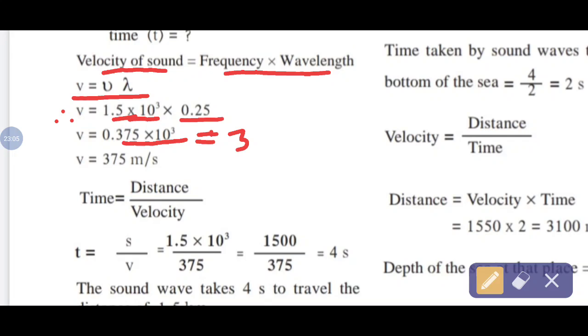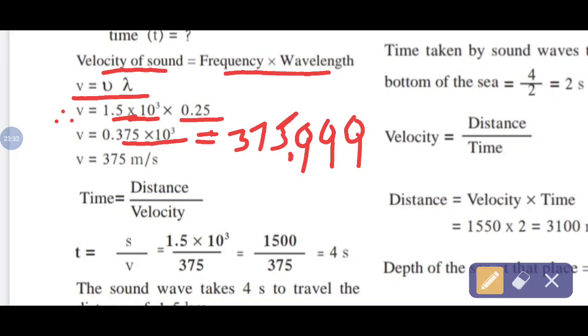So 0.375 multiplied by 1000. But how many digits are there after the decimal point? After the decimal point, 3 digits are there. So leave the 3 digits, 1, 2 and 3, and then put the point on the left hand side. So what?